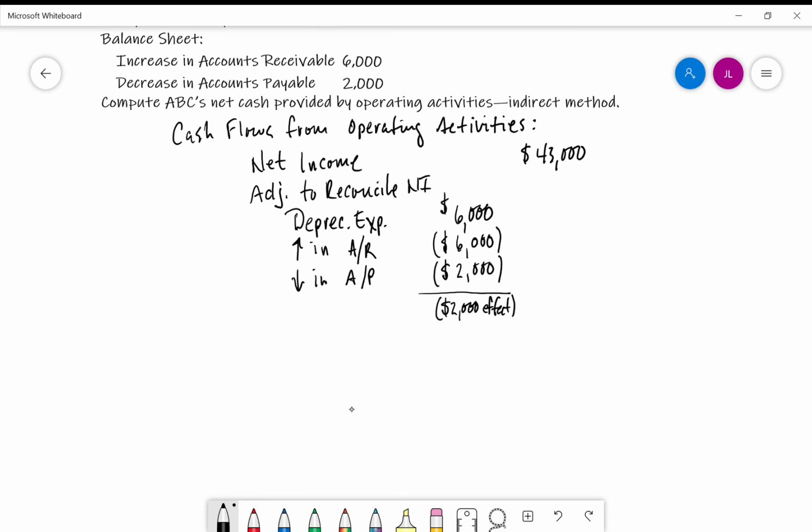If we take our net income and put that negative $2,000 effect into play, our net cash from operating activities will end up being $41,000, or $43,000 plus 6 minus 2.